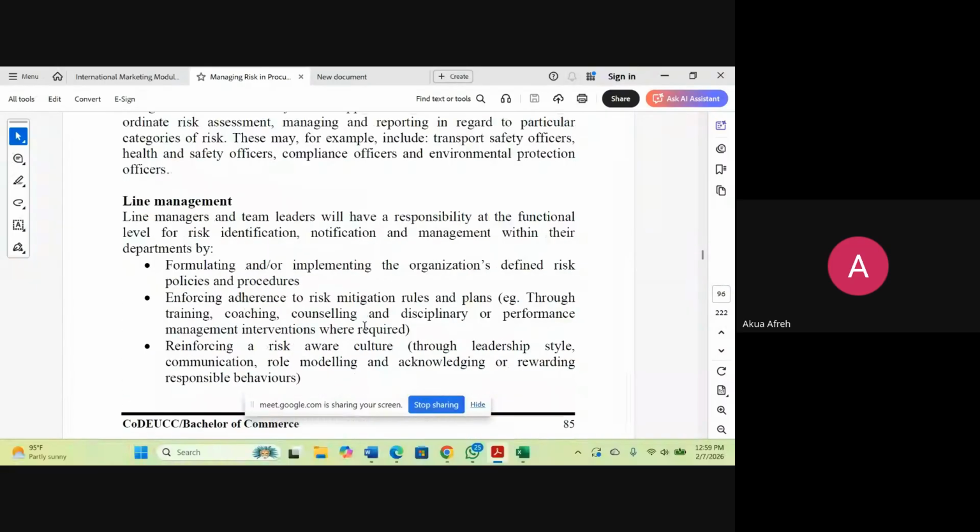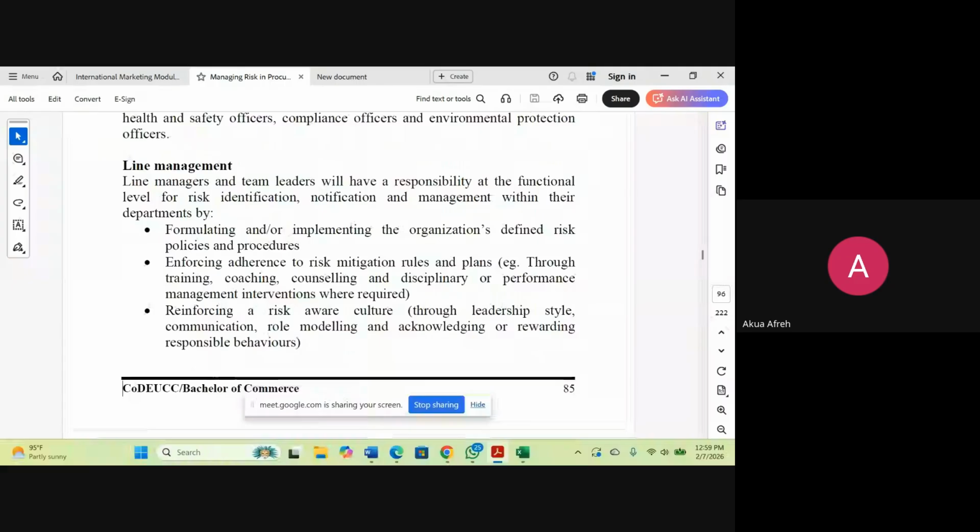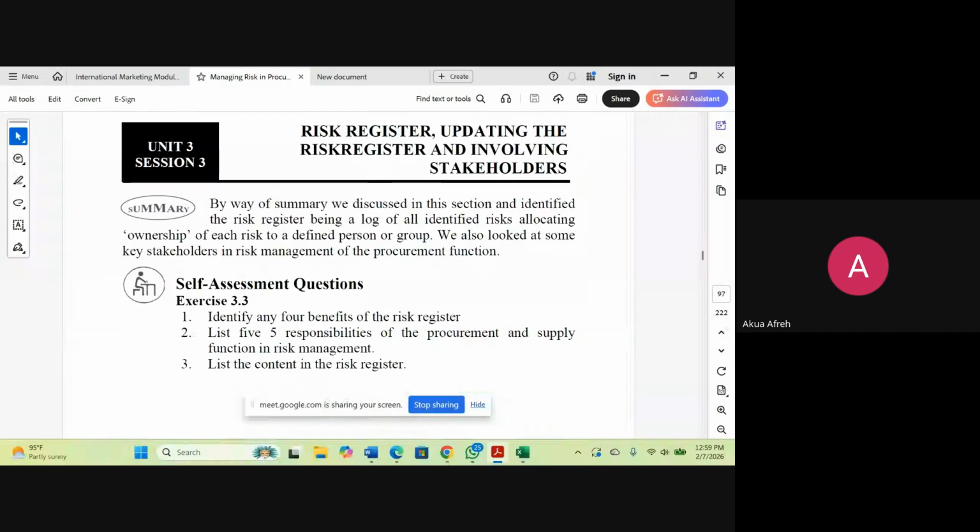And all the other reasons that your colleagues talked about. Somebody talked about better identification of risk, because suppliers may see risk that we, the procurement people, cannot even see.